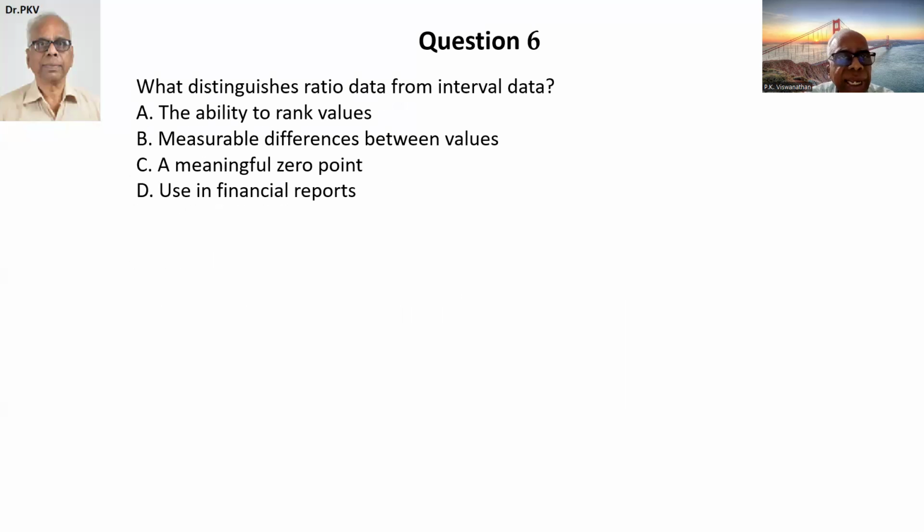Which distinguishes ratio data from interval data? A, the ability to rank values. B, measurable differences between values. C, a meaningful 0 point. D, use in financial reports.